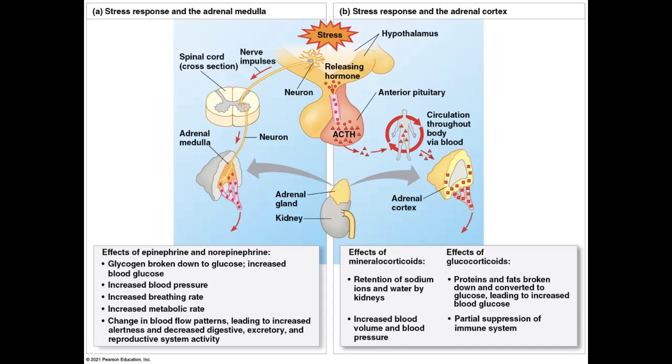In addition, stress will also stimulate the hypothalamus to release a hormone stimulating the anterior pituitary to secrete and release ACTH. This ACTH will then circulate in the bloodstream to activate cells in the adrenal cortex. This will cause the release of mineralocorticoids as well as glucocorticoids. All in all, this will initiate the fight or flight response.